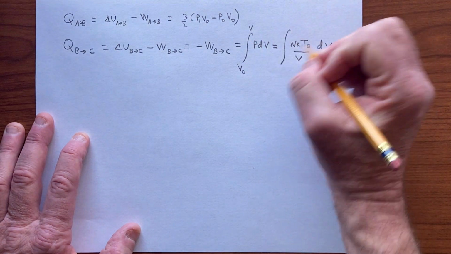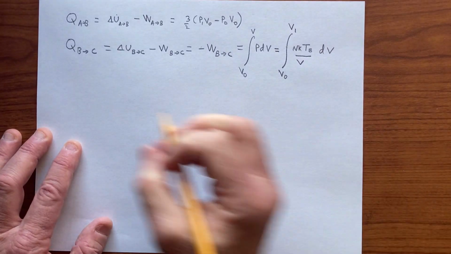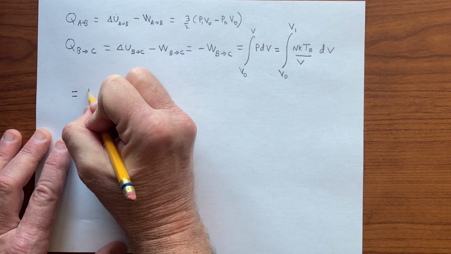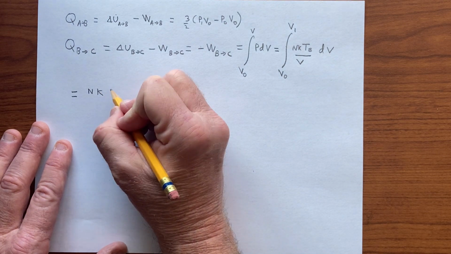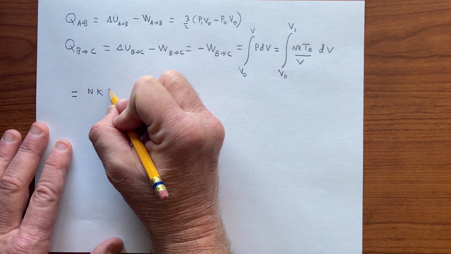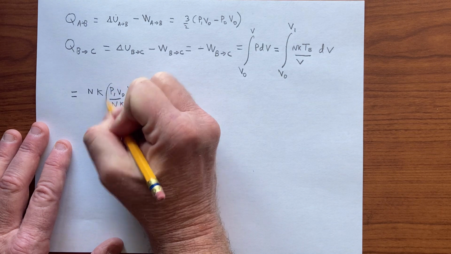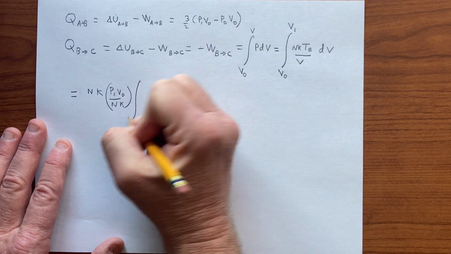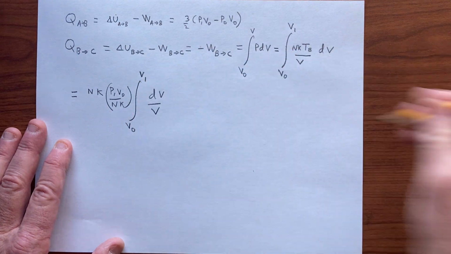We're integrating in the volume from V naught to V1. And so this becomes N K TB, which is P1 V naught over N K. That's a constant, integral of dV over V from V naught to V1.